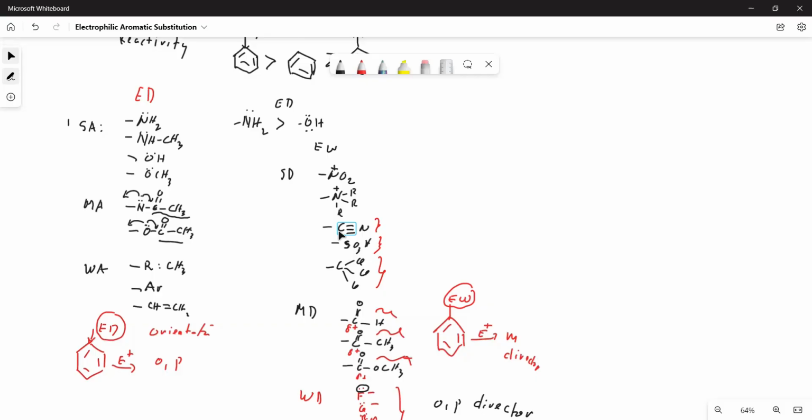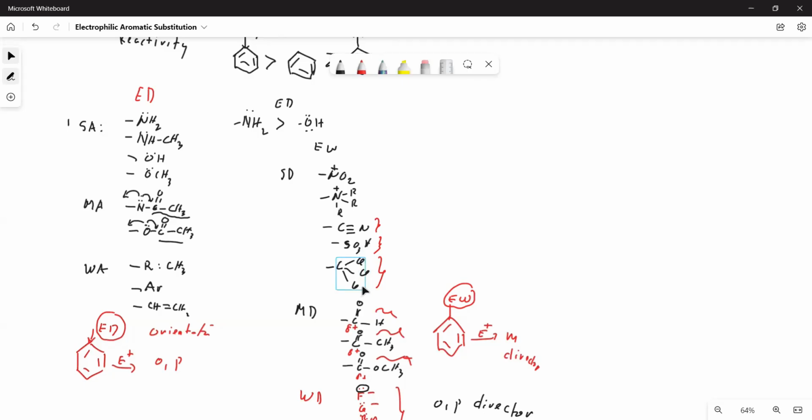And remember the orbital electronegativity of sp, because this is sp hybridized. Its s character is 50%, so it becomes electron withdrawing rather than donating. The same thing with sulfonium ion and carbon with 3 halogens.